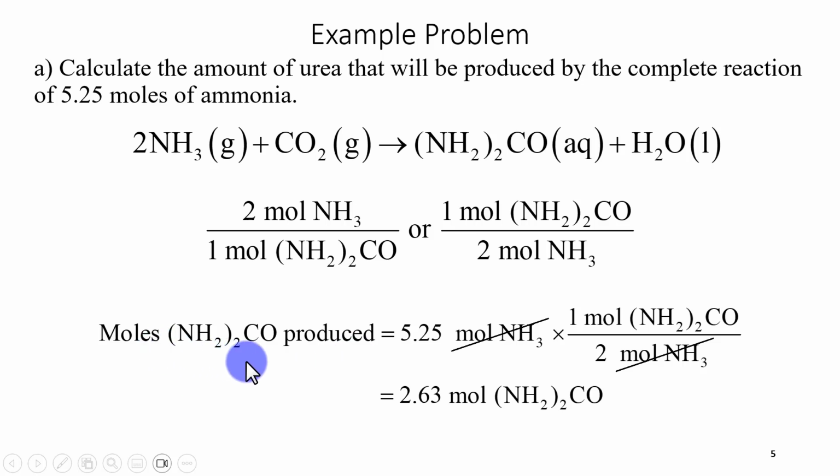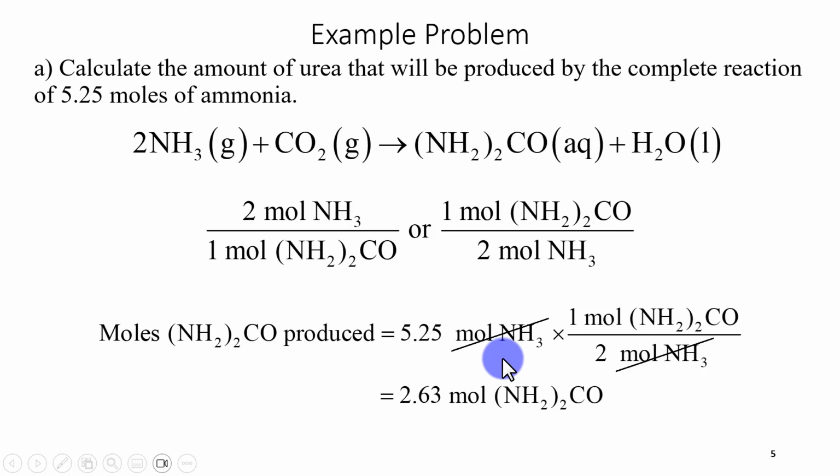Since I am starting with the moles of NH3, right? This is what's given to me in the problem. So please always start with this amount. Do not start with any other way or any other amount, because you will get confused.